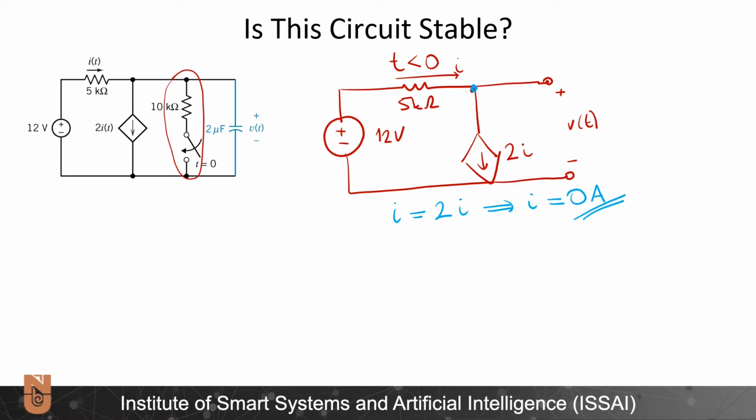And if I is equal to 0, I don't have any voltage drop over this 5 kilo ohm resistor, and V of t will be equal to 12 volts for t less than or equal to 0. Accordingly, V0 will be 12 volts as well. At least the behavior of this circuit before t equals 0 appears to be stable because it has a constant value of 12 volts at steady state.